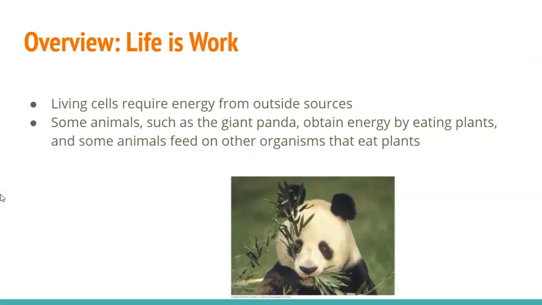So let's start with some super basics. You know that living cells require energy, and energy comes from outside sources. Plants get their energy from the sun, and animals can either feed on plants, like the panda, right? Eat plants, or feed on other organisms that eat plants.